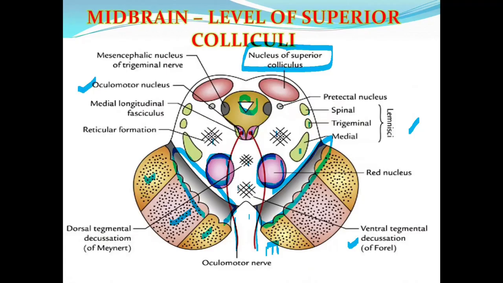This is all about the cut sections of the midbrain. In this manner, we started from the spinal cord, ascended into the medulla oblongata, then into the Pons, then into the midbrain. During this study, for the spinal cord cut section we explained the ascending and descending tracts.